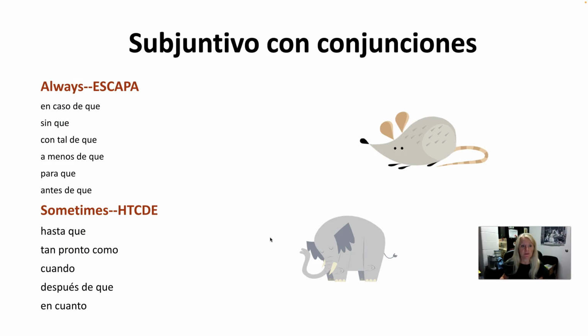And hopefully you remember that I had all kinds of wild and crazy mnemonic devices for remembering these, that for the always you can remember escapa, and say to yourself, un ratón siempre escapa, a mouse always escapes. And for the sometimes, you are happy to see the elephant.